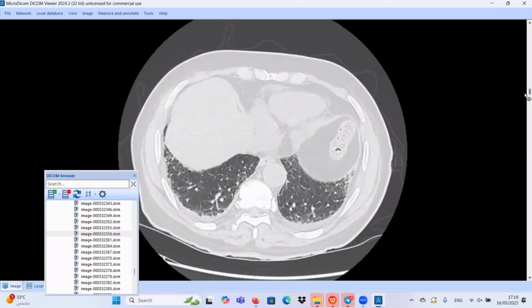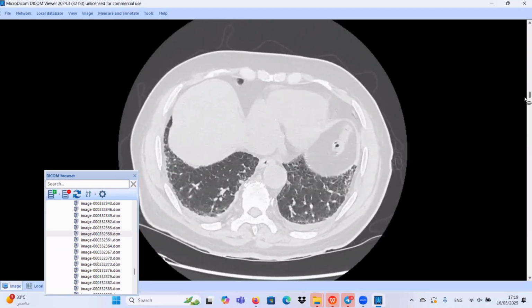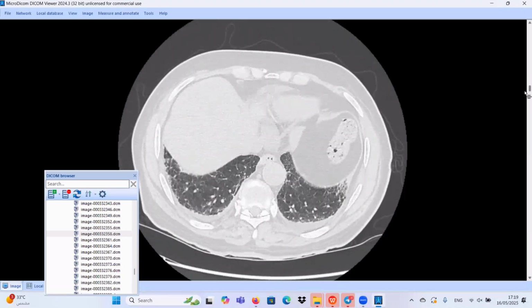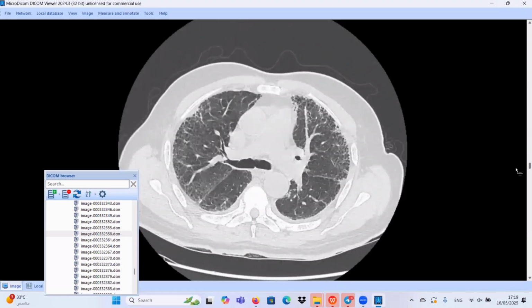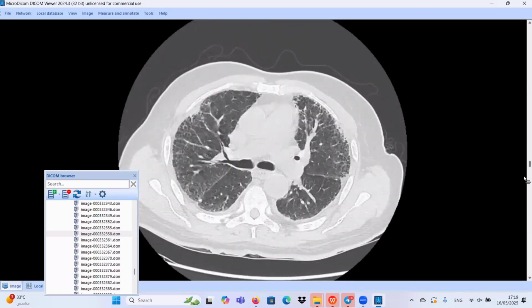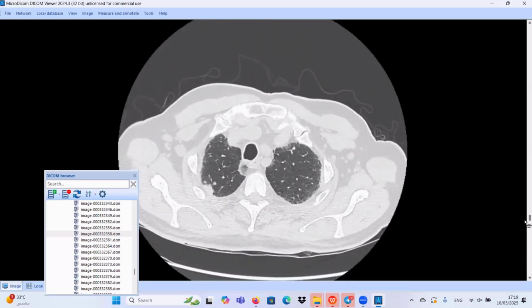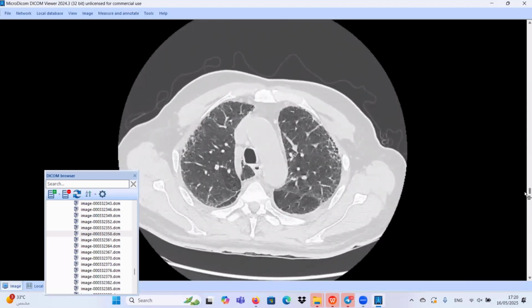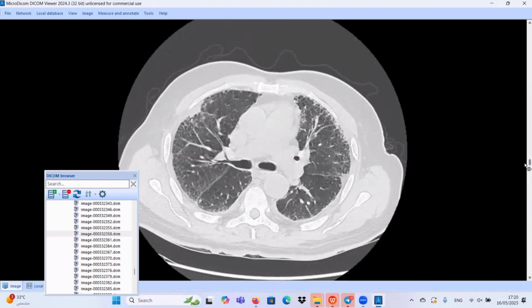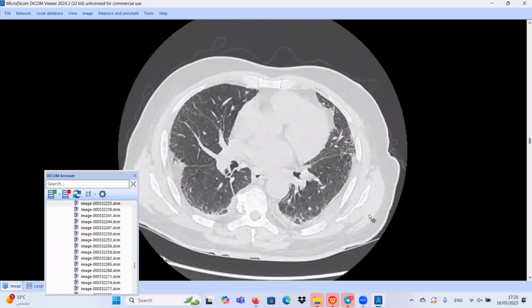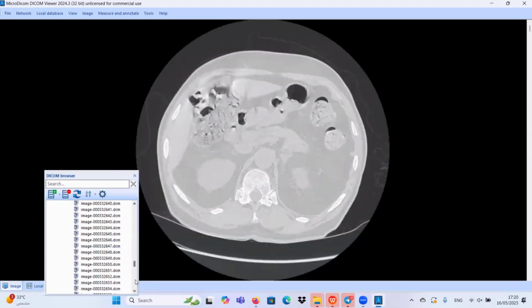And I think the interstitial thickening is also more pronounced at the basal lung segments. Do you have anything else you want to add? I would like to see the bone window as well. There is something in the esophageal region. Okay, no problem. Let's see the mediastinal window.